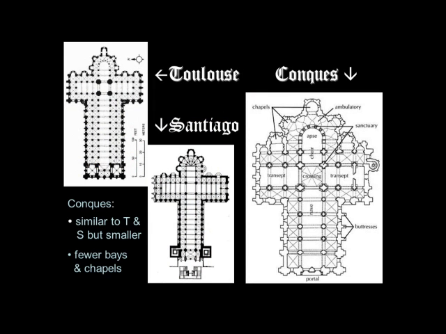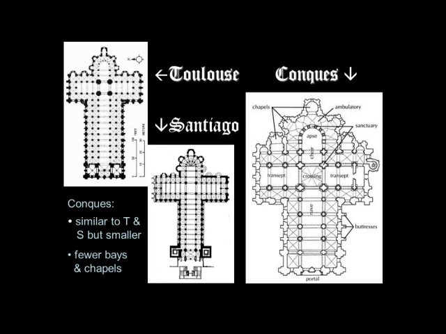And let's do a little comparison. Here we have the plans of Toulouse and of Santiago, and the plan of Conques. I have not tried to make them to scale. As you can see, I wanted to fit them on the PowerPoint, and so Conques is large, the other 2 are small. But in reality, Conques is a smaller church than Toulouse or Santiago.